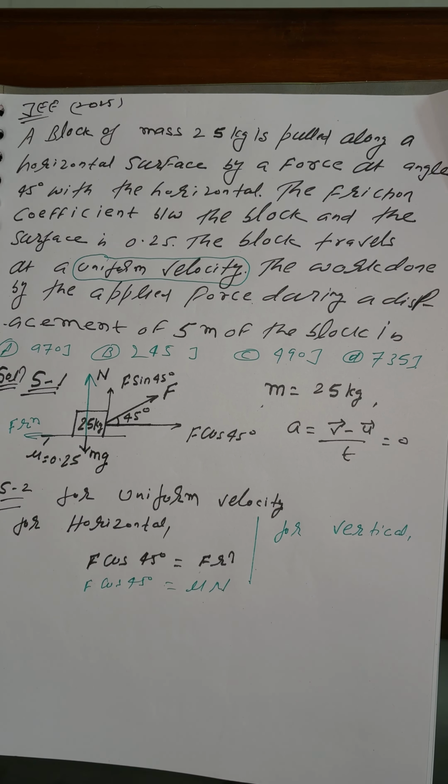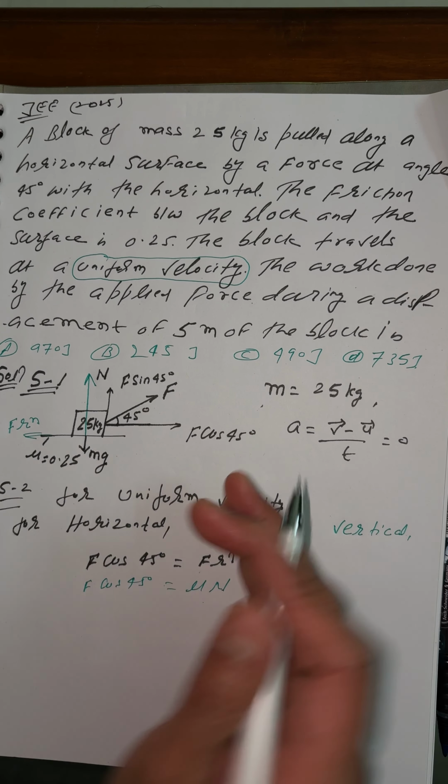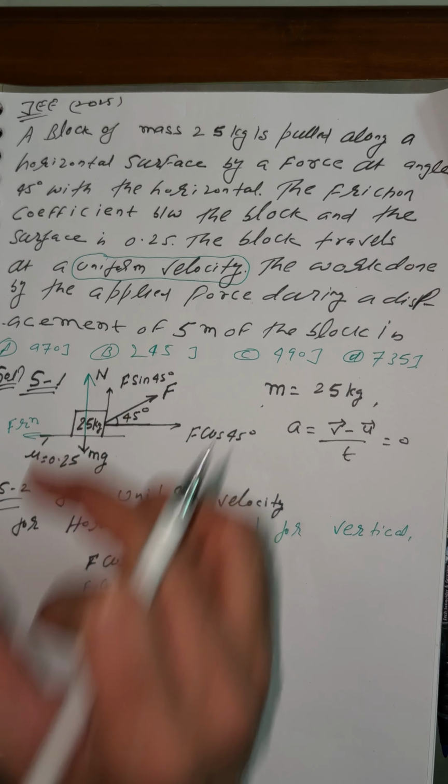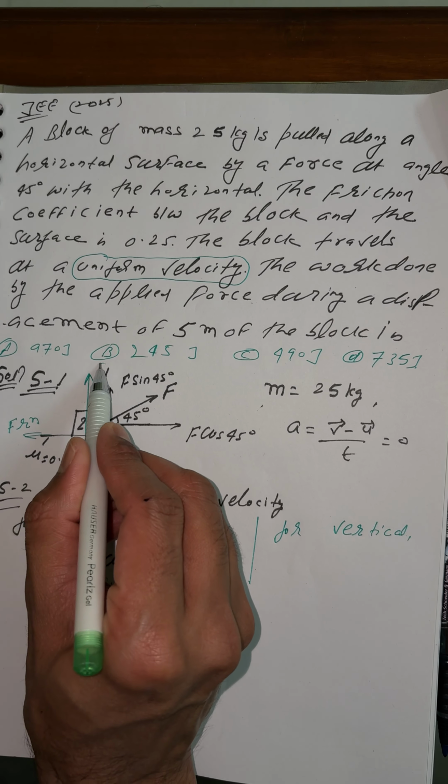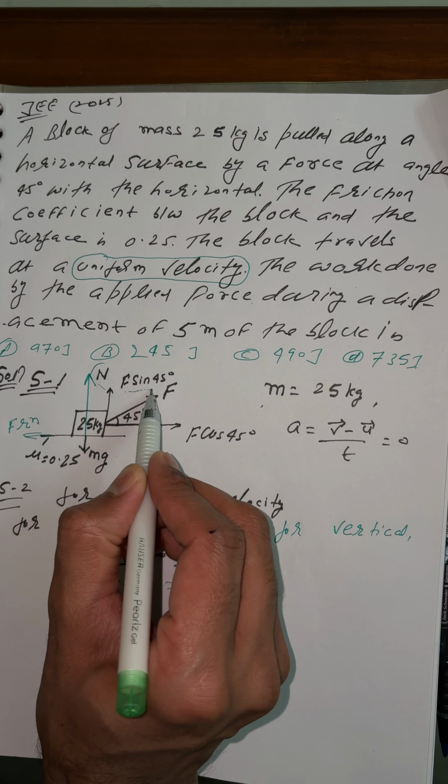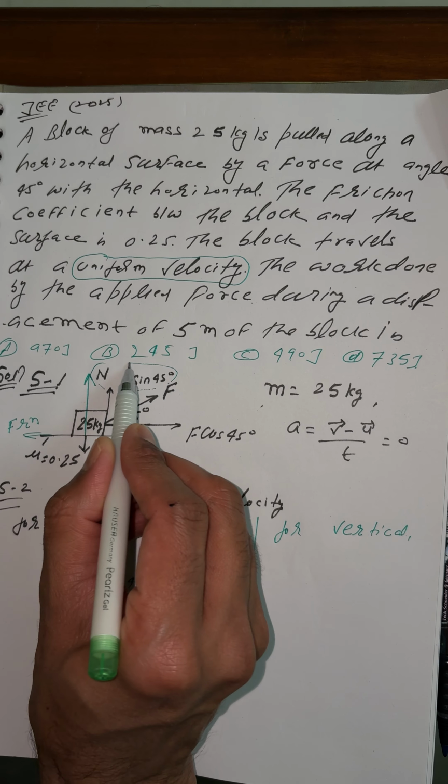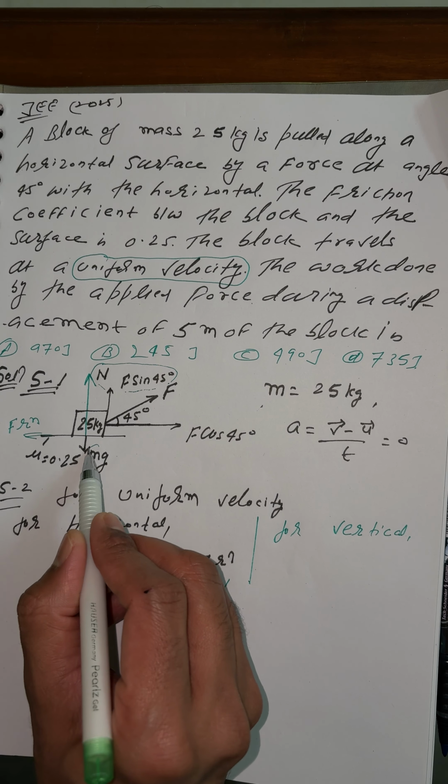Mg acts in the downward direction. So here you can write for vertical equilibrium, the system remains at rest in horizontal and also vertical. So total upward force in the vertical direction is equal to total downward force.